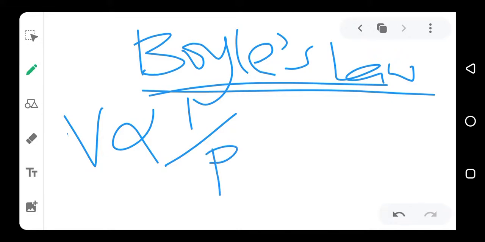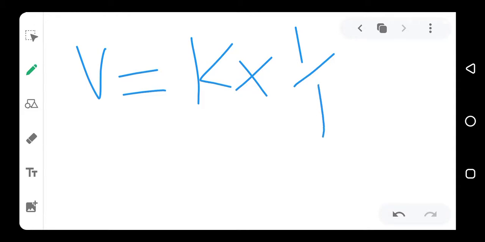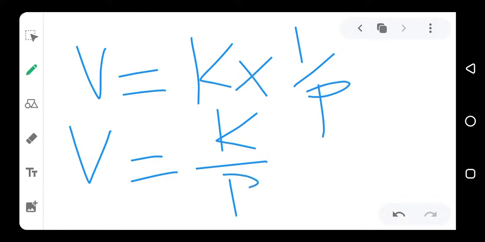To clear the sign of proportionality, we introduce a constant and put an equality sign. That means that volume is equal to K times 1 over P, so V is equal to K over P.